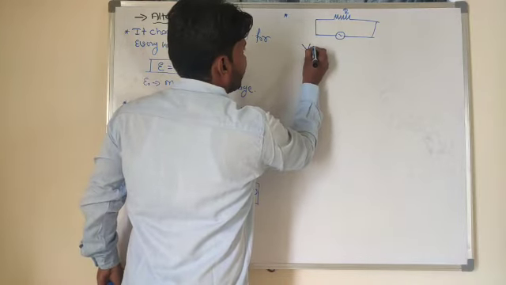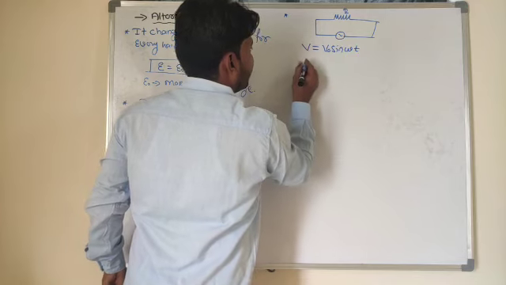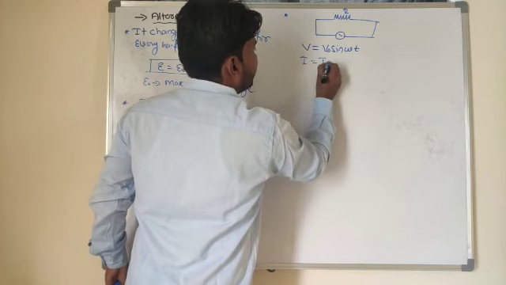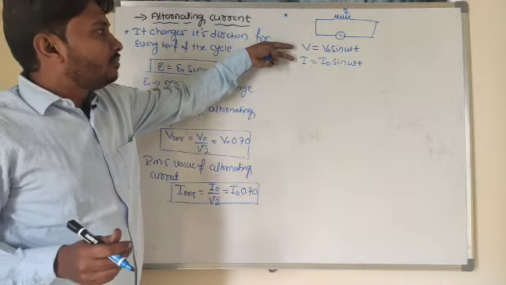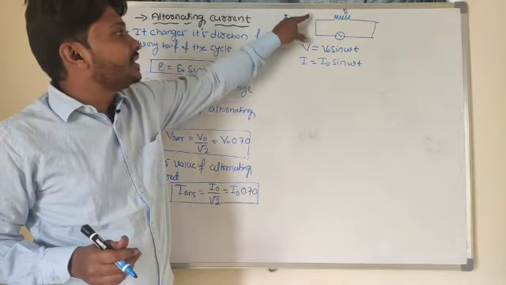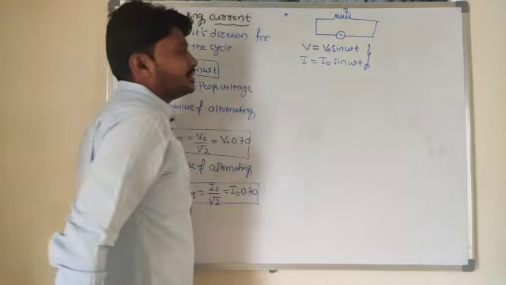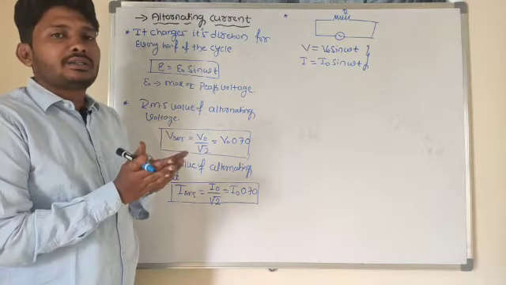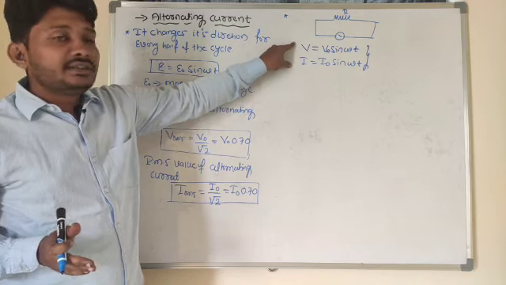Finally I get that alternating voltage is V is equal to V naught sine of omega into T, and alternating current is I is equal to I naught sine of omega into T. So from these equations, we come to know that current and voltage are in the same phase in case of a resistance. Whenever alternating voltage is passed to a resistance, current and voltage are in the same phase.